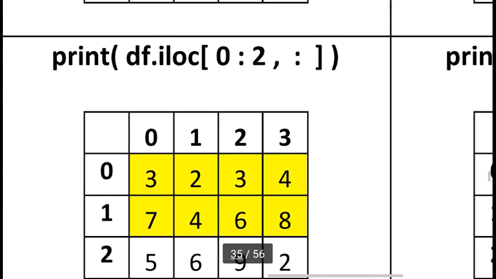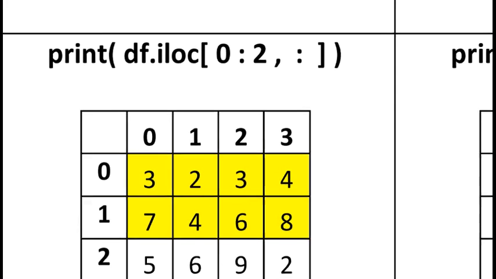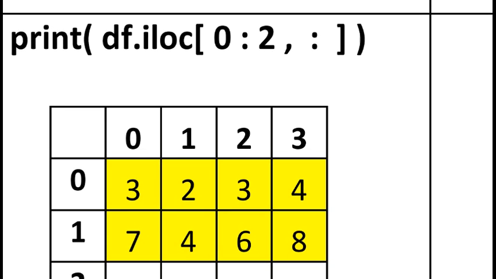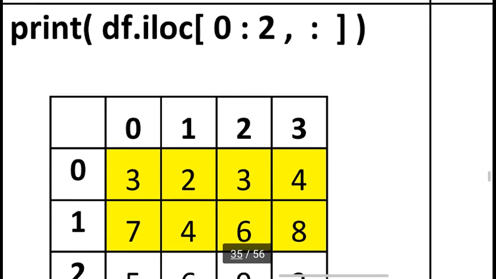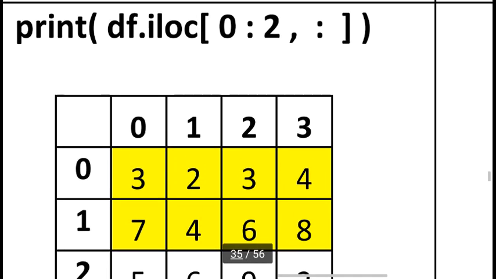Suppose I want to select the starting 2 rows using the default numerical index. So I am writing df.iloc[0:2, :]. You can see rows 0 and 1, because 0 colon 2 means one less, so it includes only rows 0 and 1. Comma colon means all the columns of rows 0 to 2.